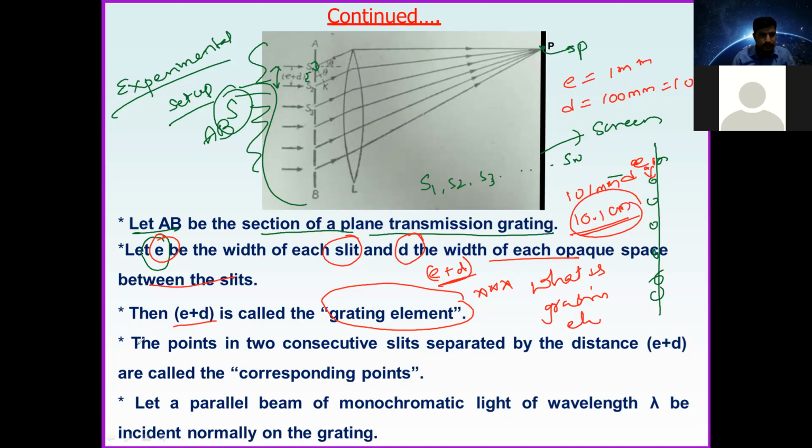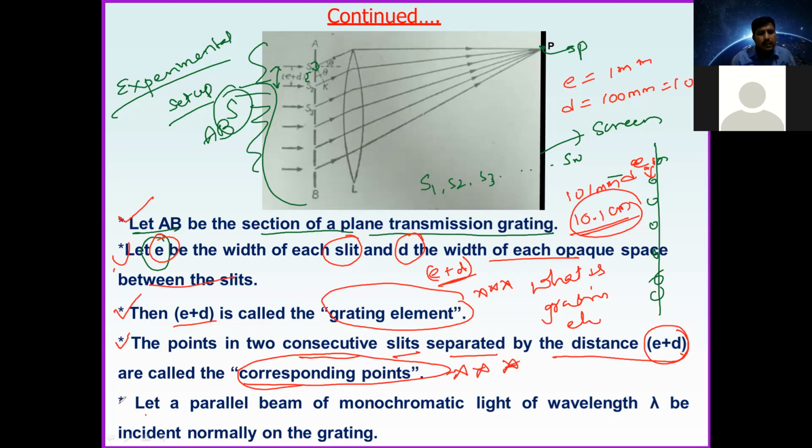The distance between the corresponding points in two consecutive slits is the grating element. Points in two consecutive slits separated by the distance E plus D are also called corresponding points. There is another name, corresponding point.